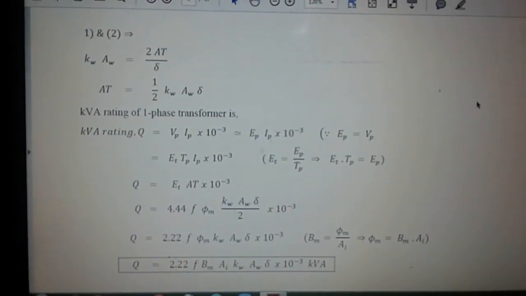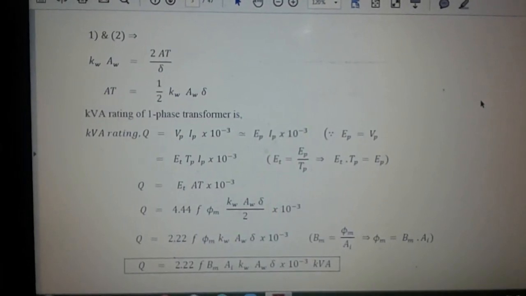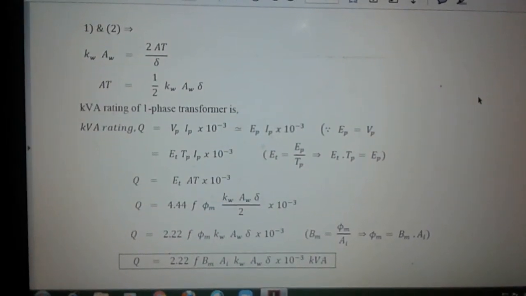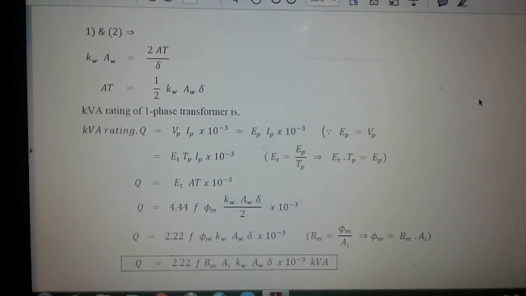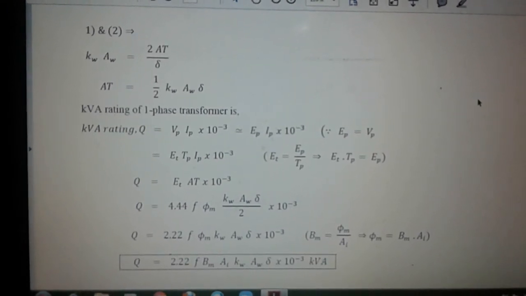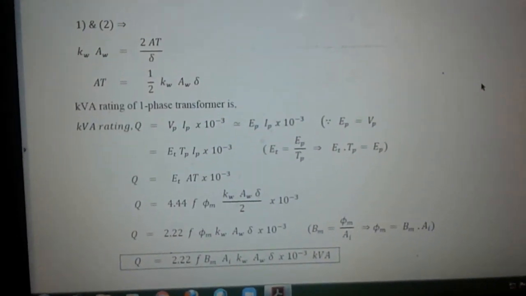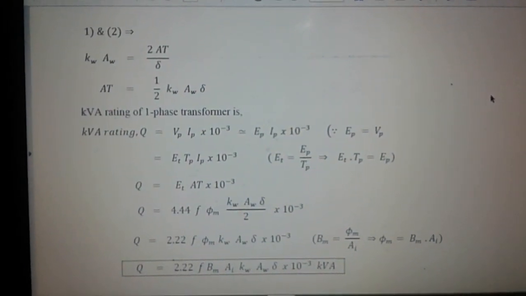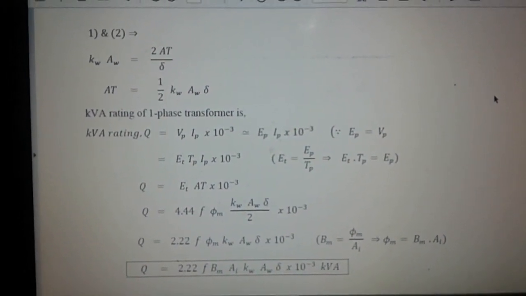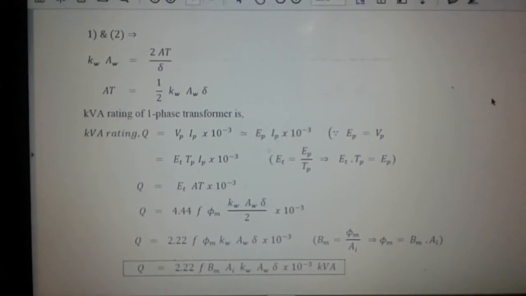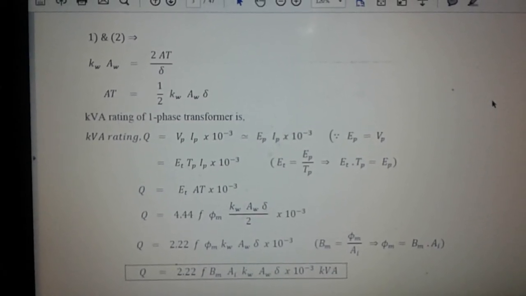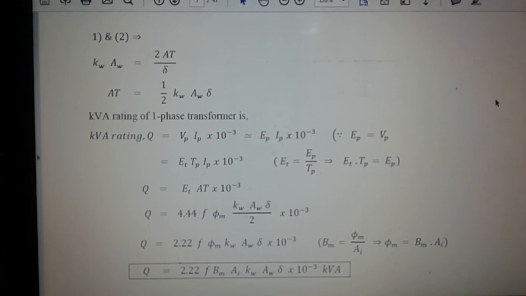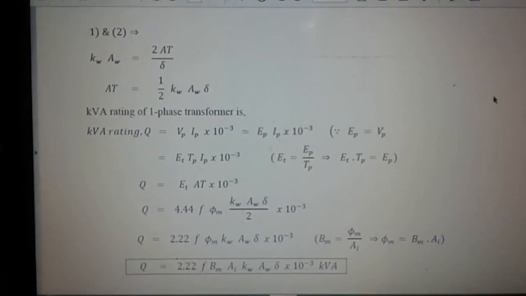Et is 4.44 f phi m, and Tp Ip is commonly known as ampere turns AT. For AT we already calculated the formula as 1 by 2 Kw Aw delta. By substituting this, we get the kVA rating of the single phase transformer as 2.22 f phi m Kw Aw delta into 10 power minus 3.